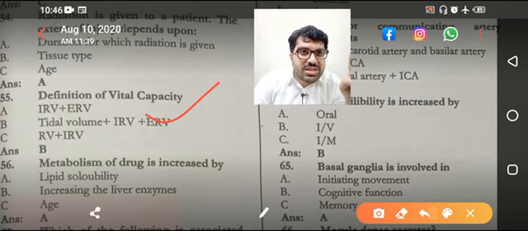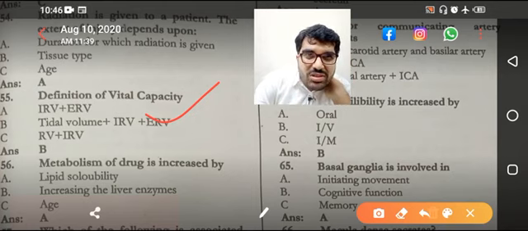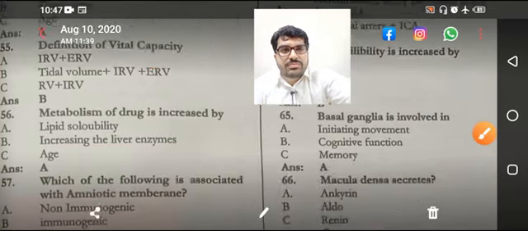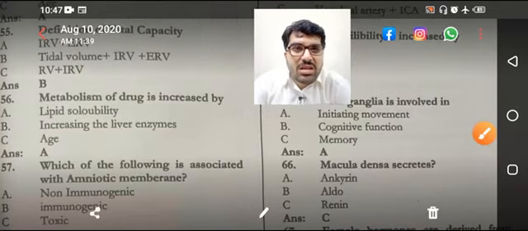If tidal volume is increased, the minute ventilation will increase. What is the effect on vital capacity? The answer is constant or mildly increased. So that is not decreased. So what is the effect of pregnancy on the residual volume? The answer is decreases because of the effect of the baby.